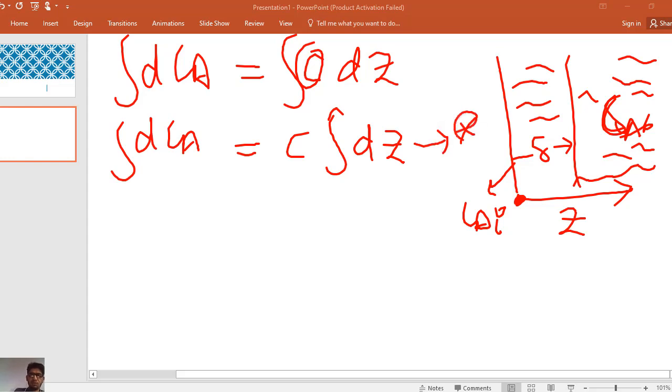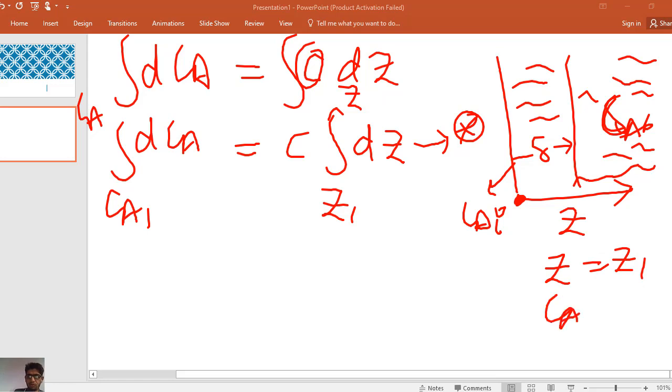Suppose this equation is x, so it is nothing but CA minus CA1, into CA, this is Z1, this is Z. If Z is equal to Z1, the concentration of A will be CA1.